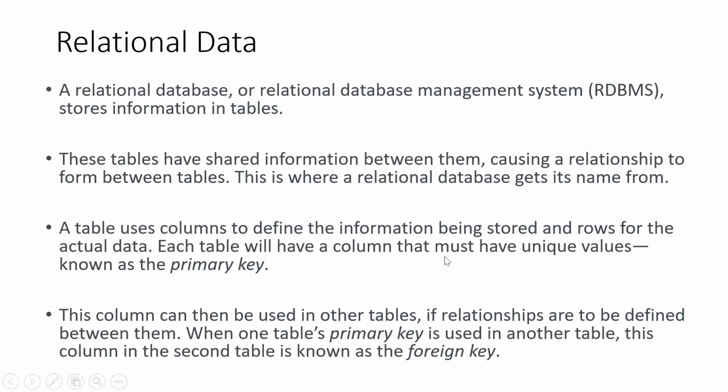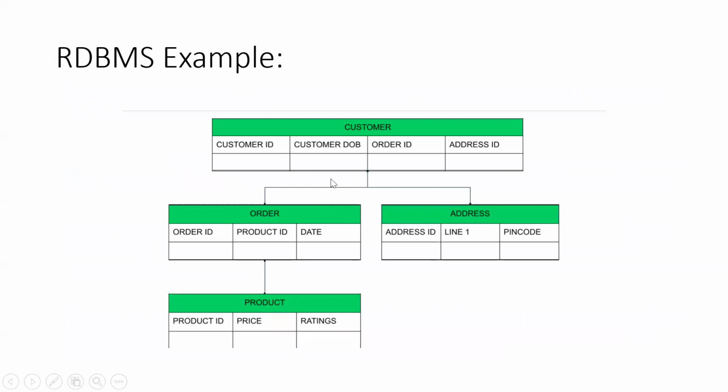Each table will have a column that must have a unique value. It's known as the primary key. Just like for this customer table, customer ID is a primary key, because in the customer table we store all the customer related information, and we need to maintain a row identifier that is unique for each row.